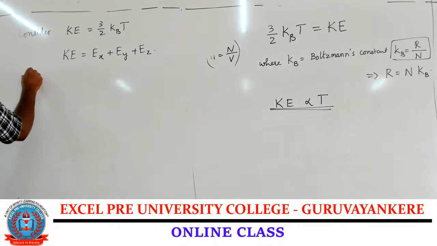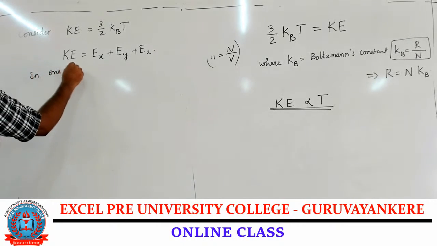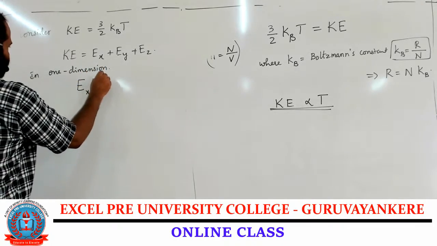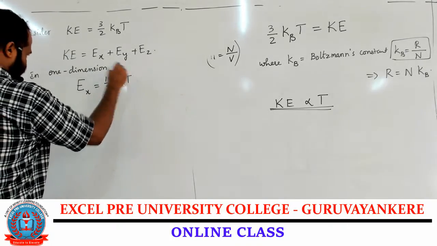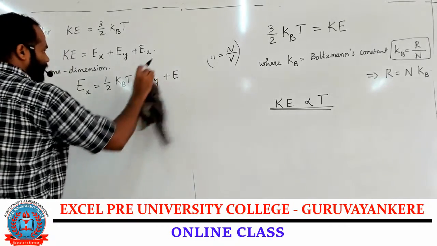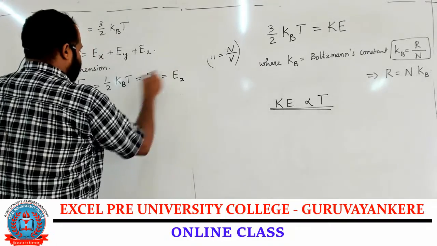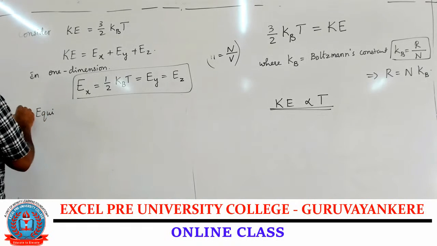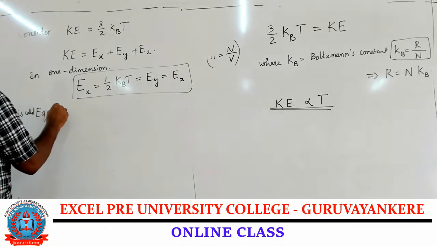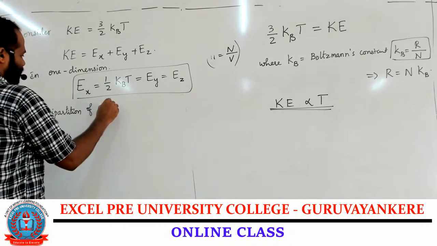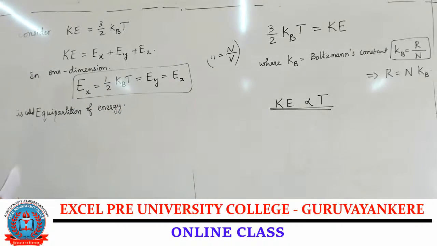So, in one dimension, when they move along a straight line, energy along the x-axis is half kBT, which will be the energy along the y-axis, as well as the energy along the z-axis. This is called equipartition of energy.